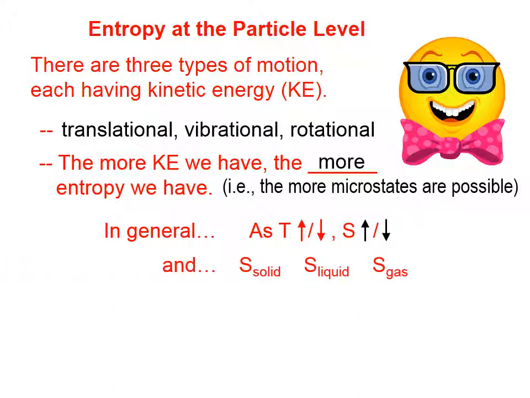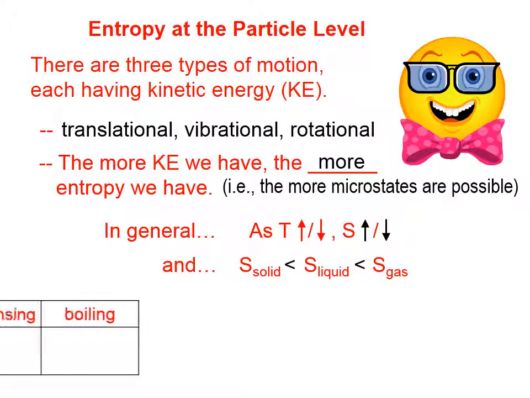And, in general, which state of matter would have the most entropy? Or, which state of matter would have the least? Well, solids are more orderly. Their particles are fixed in place, just vibrating. Gases, the particles are moving in random directions, so there's definitely a lot more chaos in a gas, and there's the least amount of chaos in a solid.